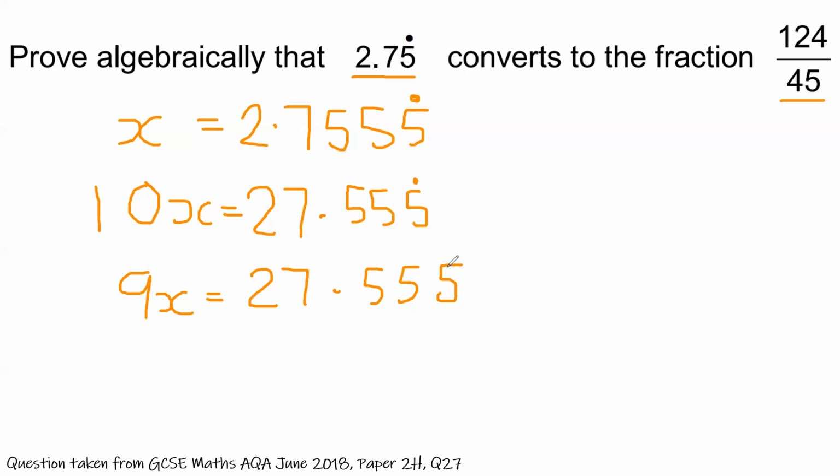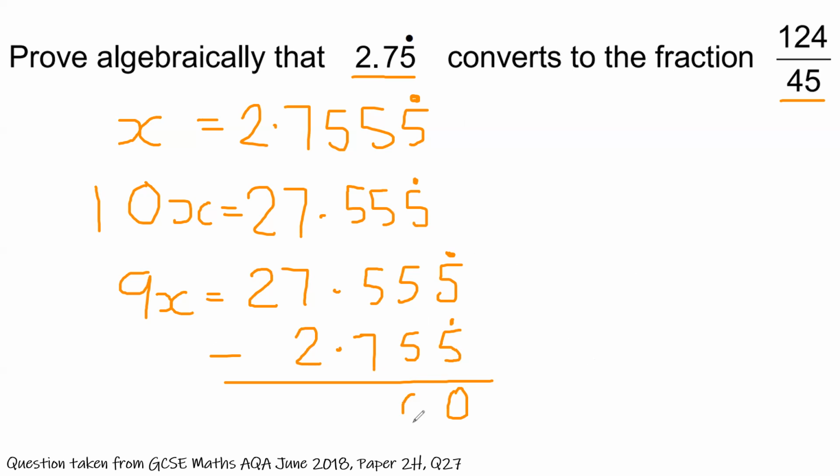27.555 recurring, subtract 2.755 recurring. Okay. So if we do this maths, we're going to end up with 5 subtract 5, which is 0, and obviously every number after this is going to be a 5, so all of those would also be 0.